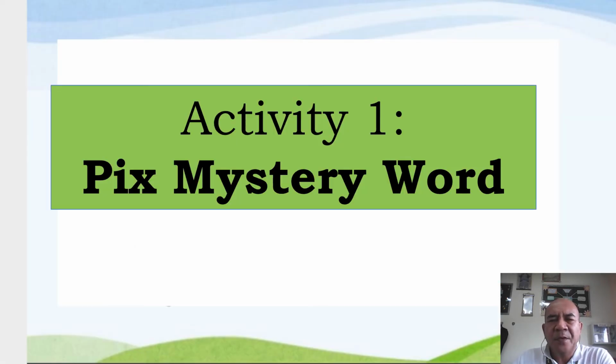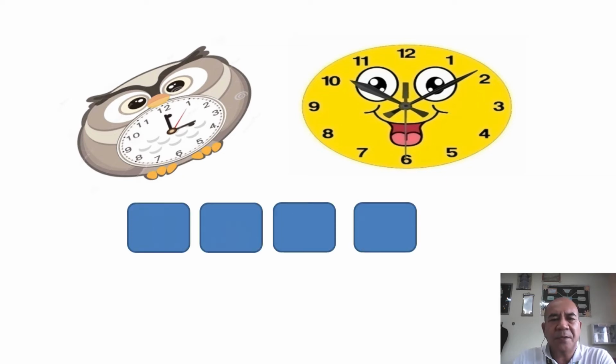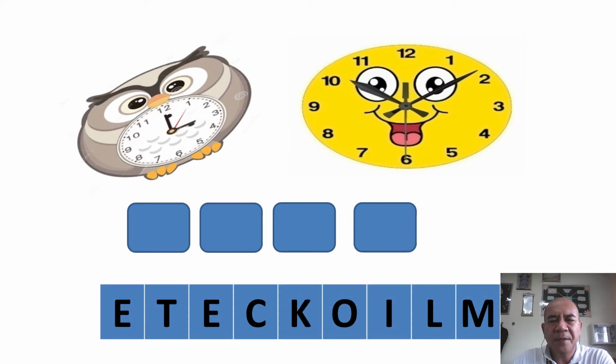Our activity for today is Pick's Mystery Word. You're going to guess what word is illustrated by these pictures. There are 4 letters. When you look at this, these are clocks. What do you mean by this?